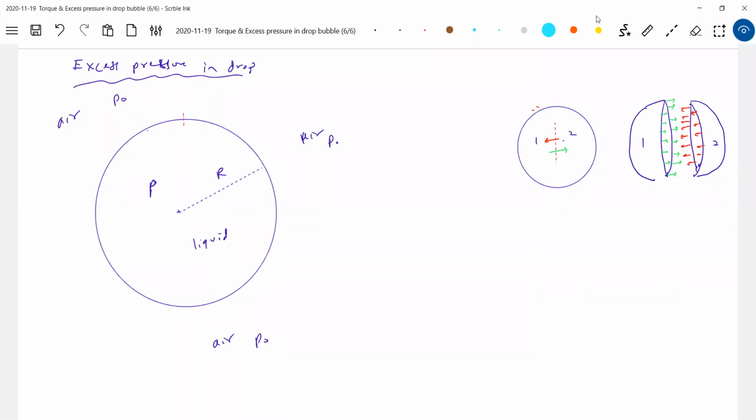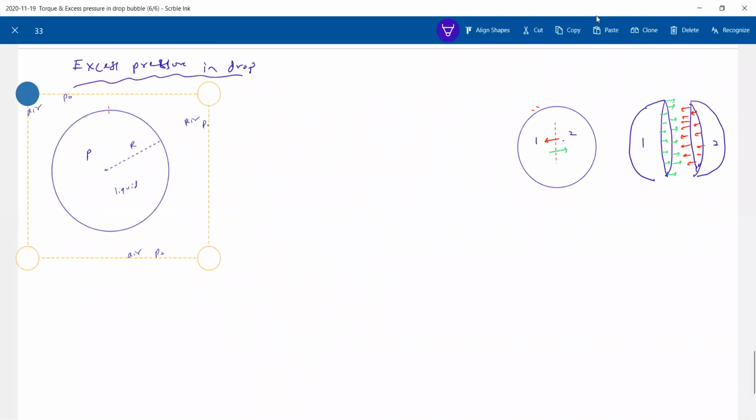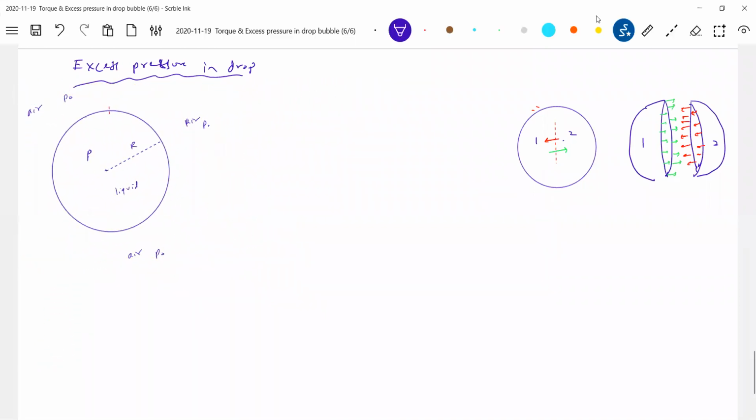So I am going to break up this drop and analyze only one half of the drop. I'll break up the drop.